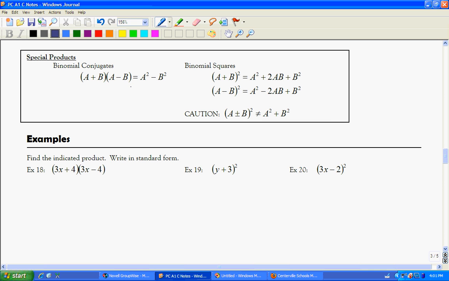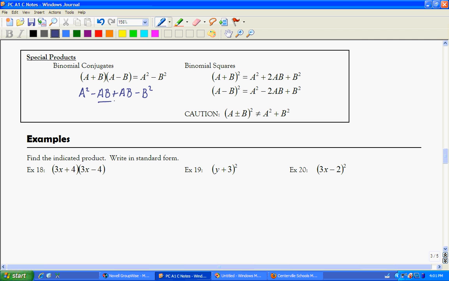And when we multiply those together, I'll show you just using our standard process of FOIL or our distribution, we end up with a squared minus ab plus ab minus b squared.